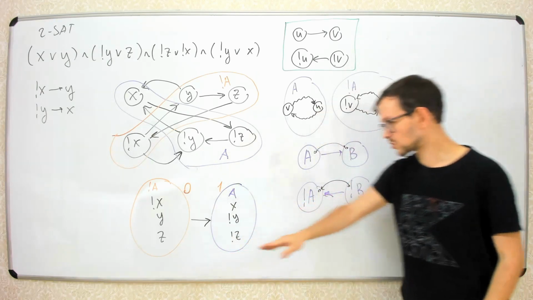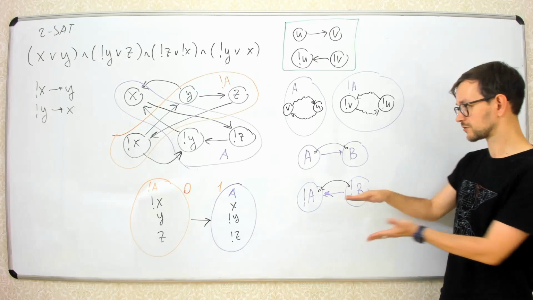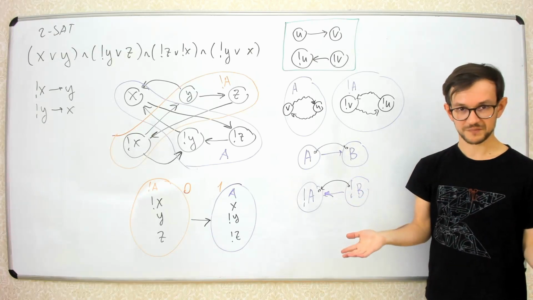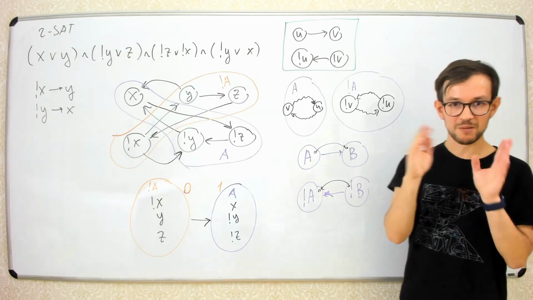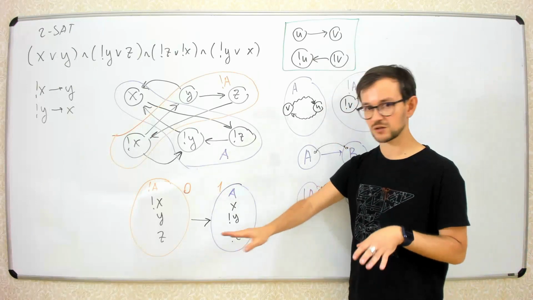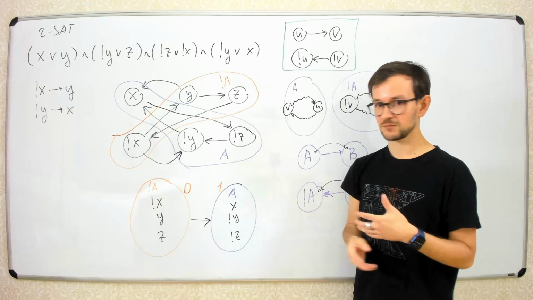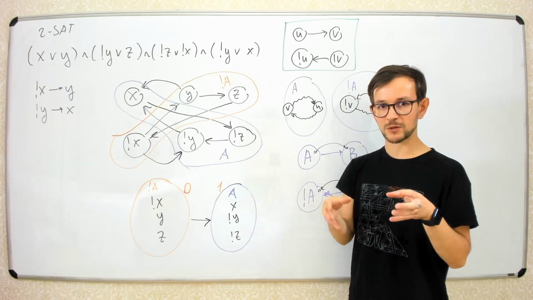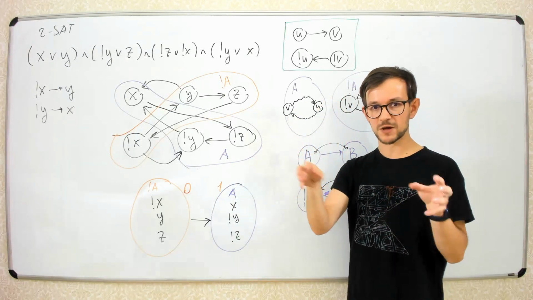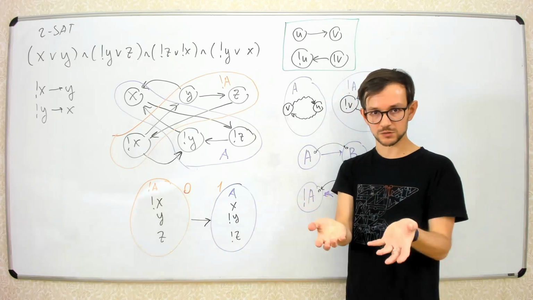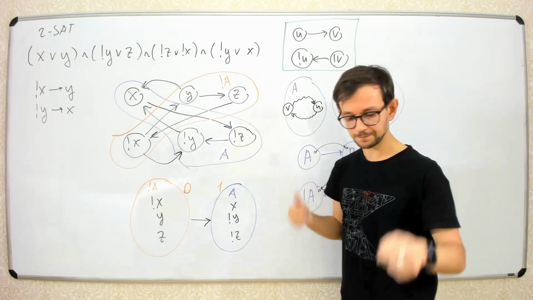This condensation is also a skew-symmetrical graph because of this. And now I need to solve the same problem for this condensation. So I reduce my problem to this problem. The problem is the same, but I'm working not with single variables, but with these connected components. Cool.